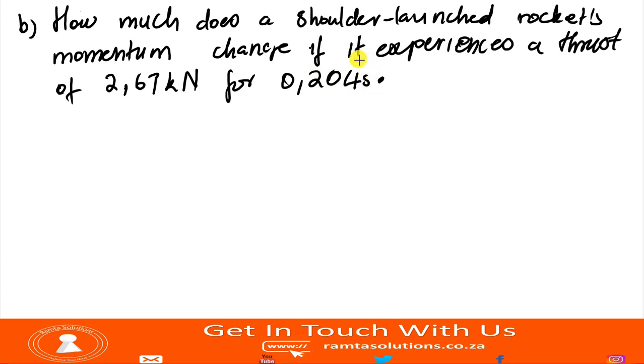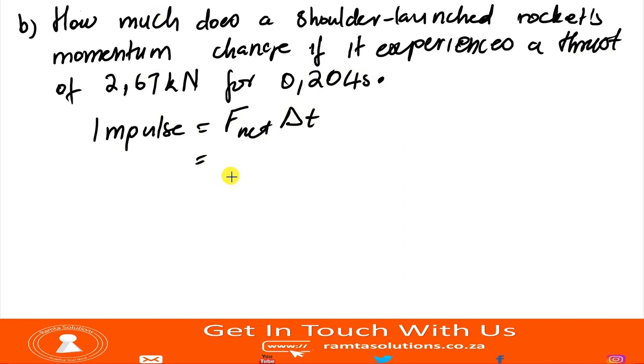So to answer this question or to understand it, they can go either way, forward or backwards. But because we are given the word thrust, it means it'll be forward. So we are looking for a change in momentum. I would begin by saying impulse. What I know, impulse is F net delta T, which is 2,67.